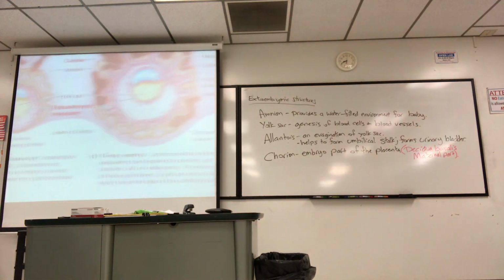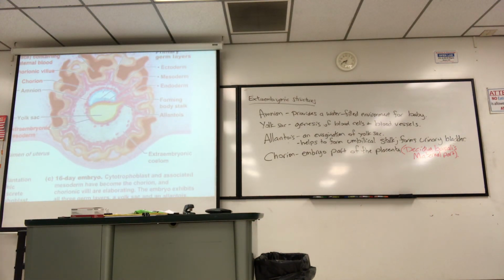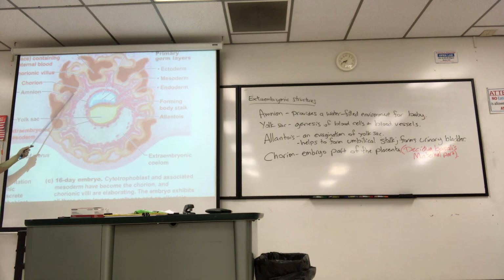Gastrulation on day 16. Do I see 2 or 3 here? 3. There's 3. Okay, so by day 16, you have 3 layers. And the chorion right here, see the little loop around it? There's like 3 layers of cells there.